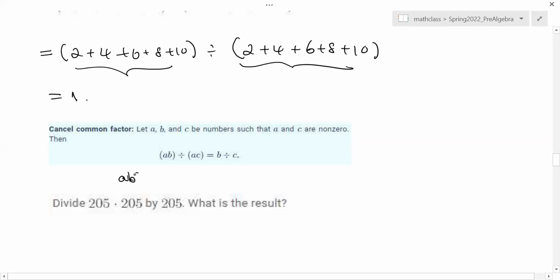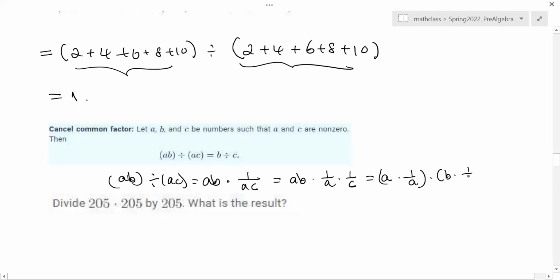A times B over A times C, by definition, is A times B times 1 over A times C. Then you remember we already proved that this is going to be 1 over A times 1 over C. Then you reorganize it: 1 over A times A is 1, so 1 times B times 1 over C, but B times 1 over C is B divided by C. Okay, so that's it.